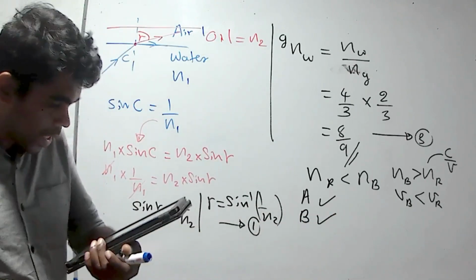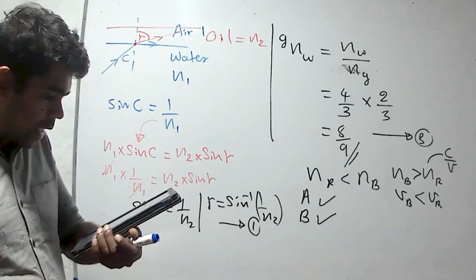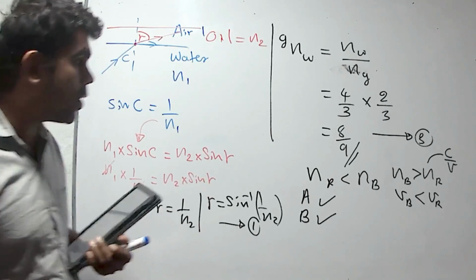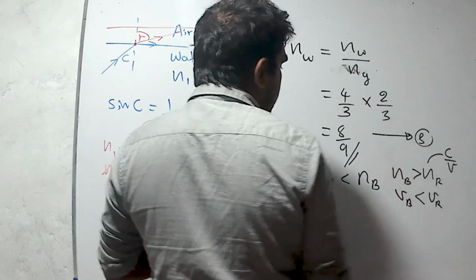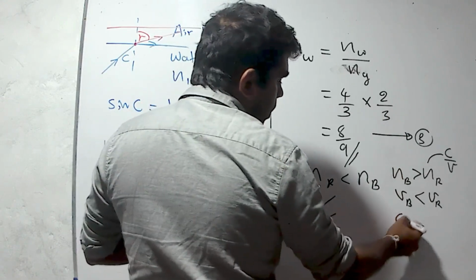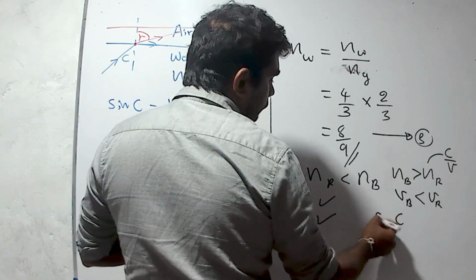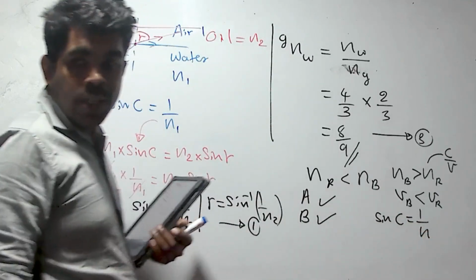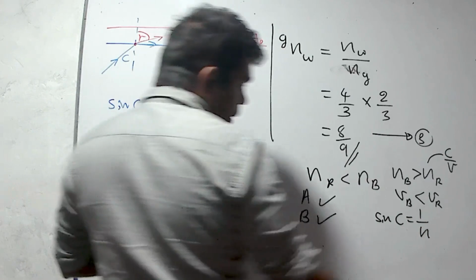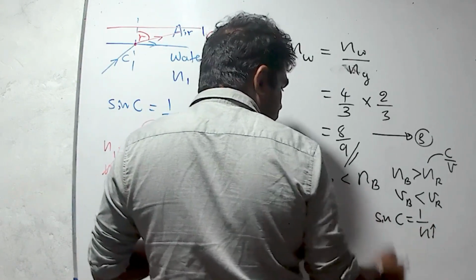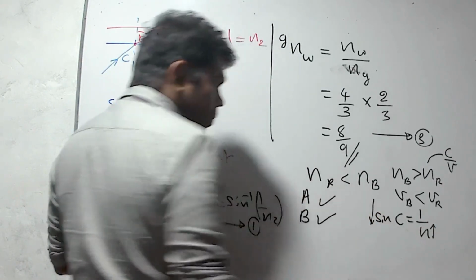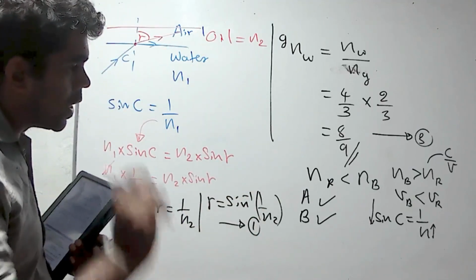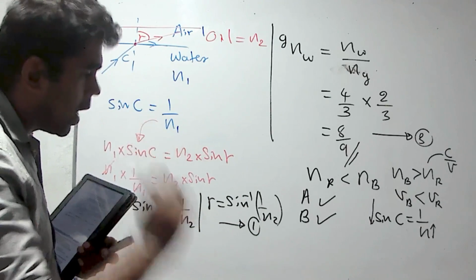Next, the critical angle of red light is greater than that of blue light in crown glass. We can write the critical angle: sin C equals 1 over N. According to this relationship, when the refractive index is a greater value, sin C is a smaller value. Therefore, sin C is small for blue color.